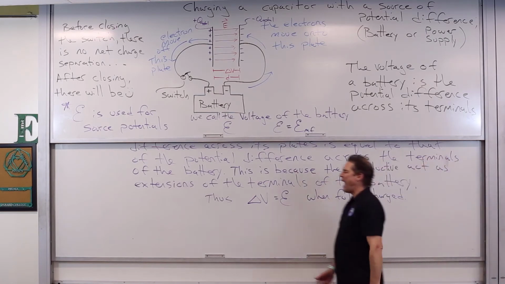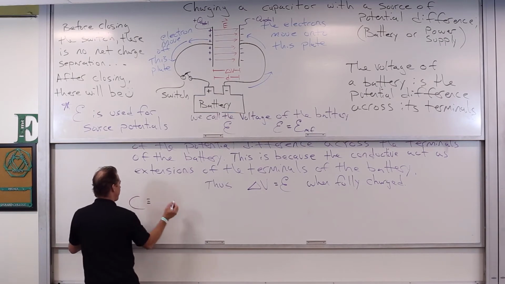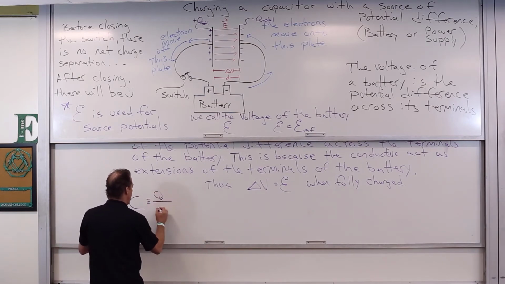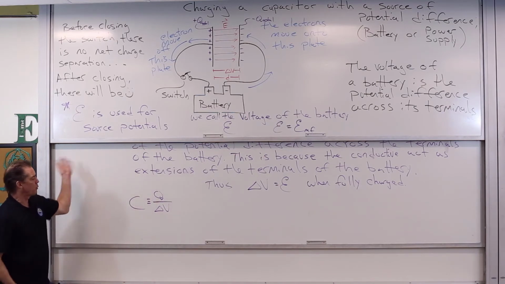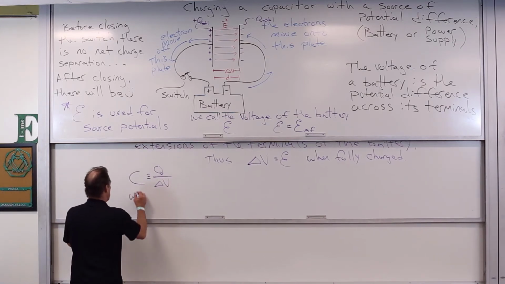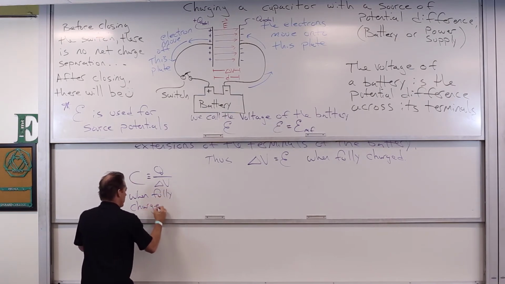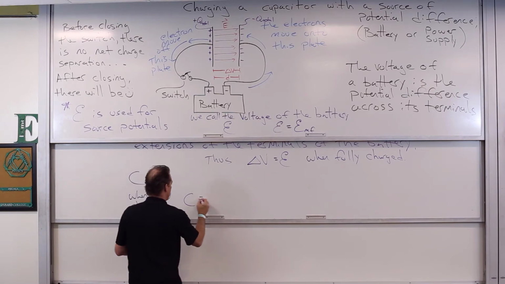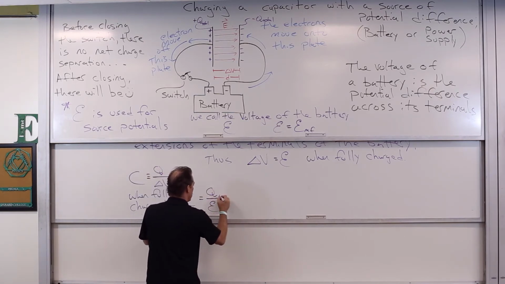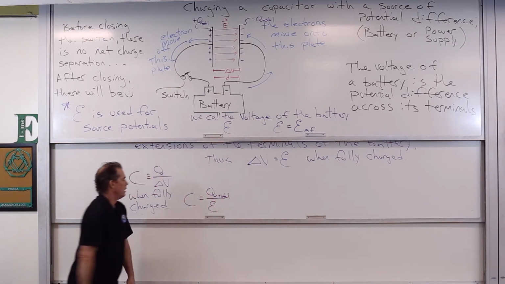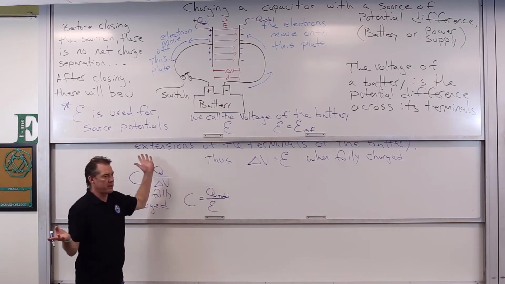Well, if we go back to the definition of capacitance, C is defined as Q divided by delta V. Well, for our particular case, when it's fully charged, C is equal to Q divided by the source potential voltage. Now that is Q total, that's the amount of charge.